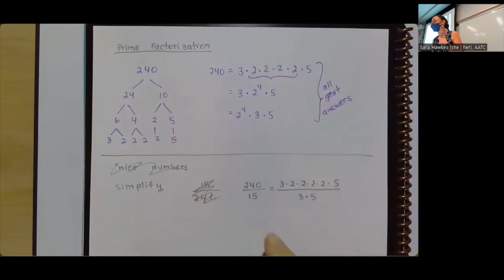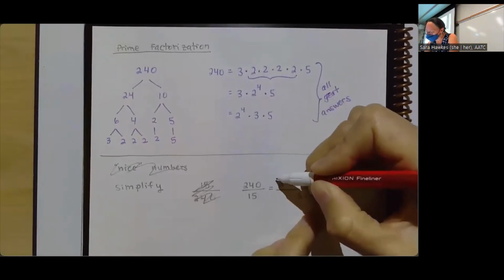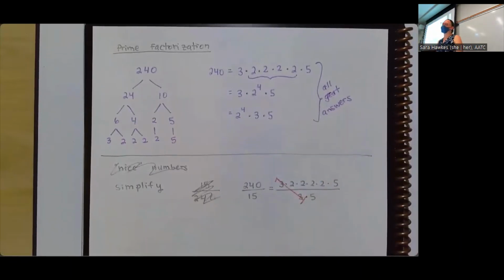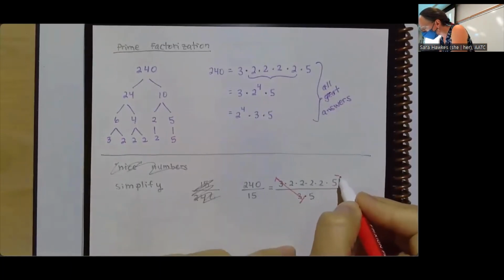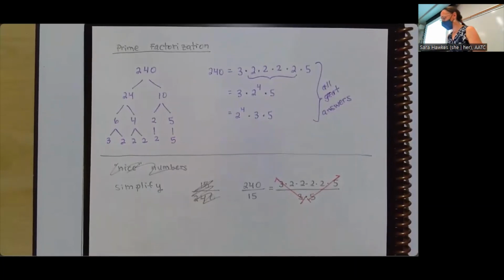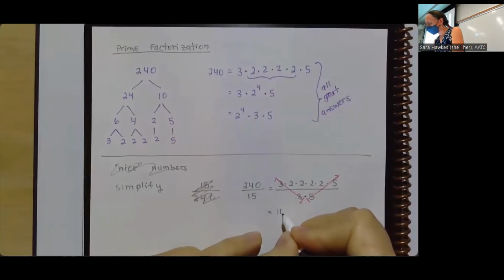I'm going to find secret ones in a problem. So when I look at this now, 3 divided by 3, well, that's a secret 1. And 5 divided by 5 is also a secret 1. And now I know that 240 divided by 15 is equal to 16.